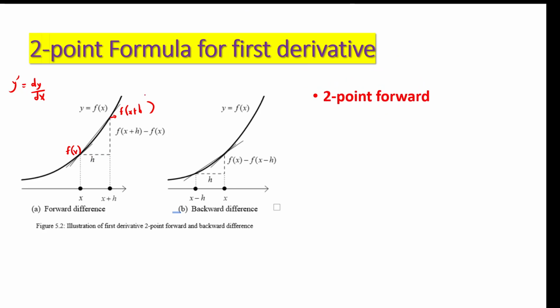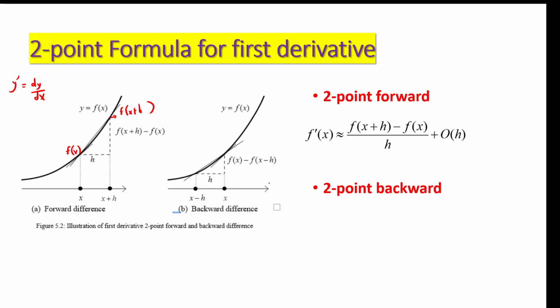That's why, using figure A, you can get the 2-point forward formula as f(x plus h) minus f(x), divided by h, plus order h. Later on I will explain what the order h is here.